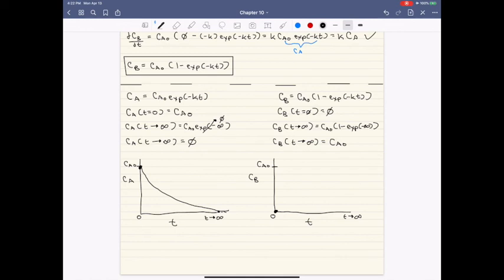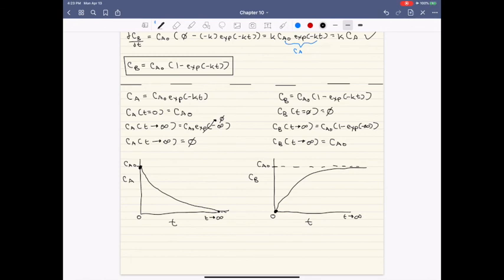And then as time tends towards infinity, our Cb approaches a value of Ca naught. And so what we have here is not quite an exponential increase, but a 1 minus an exponential. And so we get basically the flip version of the Ca plot, where Cb increases, but then approaches a sort of plateau value.